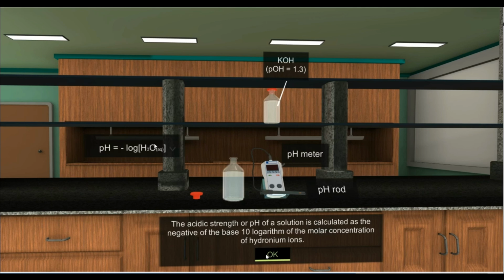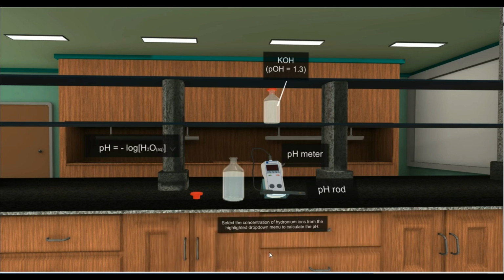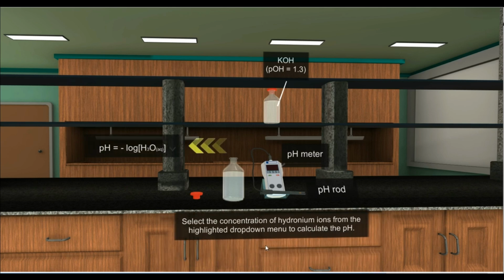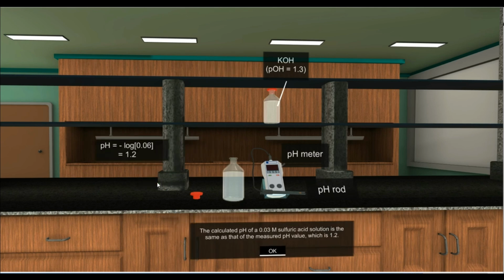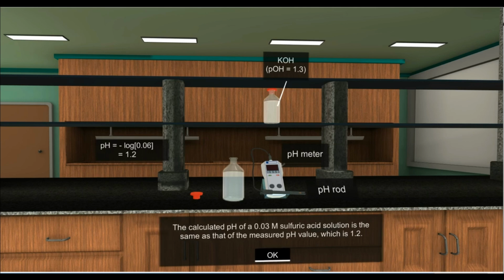As I explained to you just now, the concentration of hydronium ion in 0.03 molar of sulfuric acid is 0.06. So when you fit in the value of hydronium ions, let's drag and drop 0.06 molar. Yes, you're right. When you press your calculator with this formula, you get 1.2.